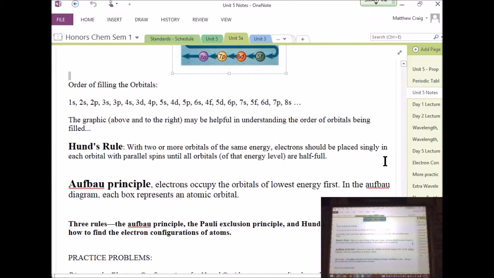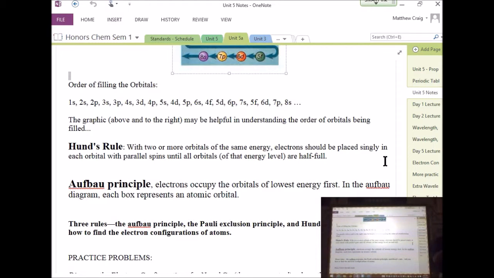Here are the other 2 rules when writing electron configurations. You don't have to memorize these rules. Just know them. So you don't have to explain, what is Hund's rule? What is the Aufbau principle? What is the Pauli exclusion principle? It'll make sense once we start doing electron configurations. But Hund simply states, with 2 or more orbitals, always drop 1 electron in each orbital first.